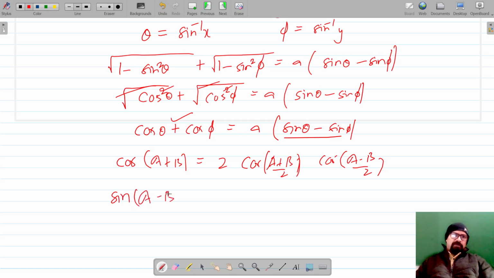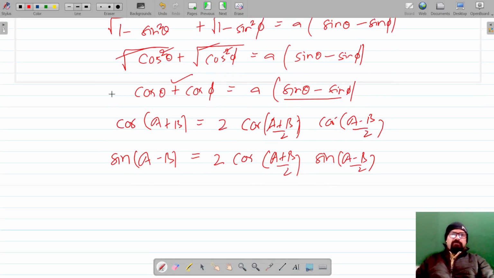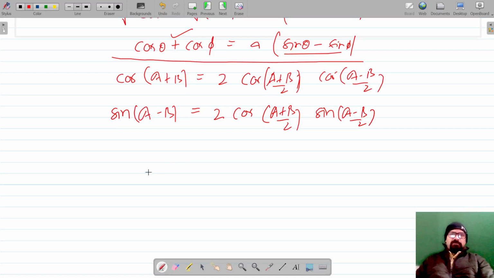Sine a minus sine b is given by 2 cos of a plus b by 2 into sine of a minus b by 2. Let's use the formula in this.